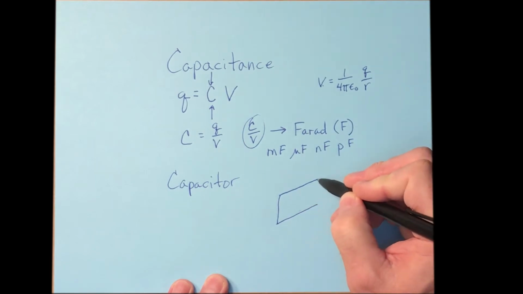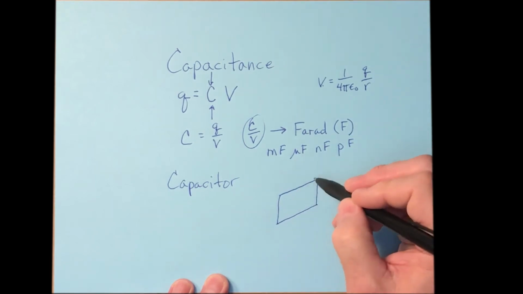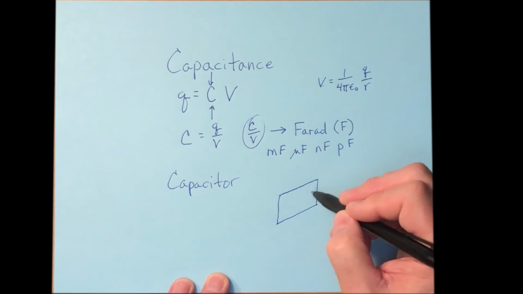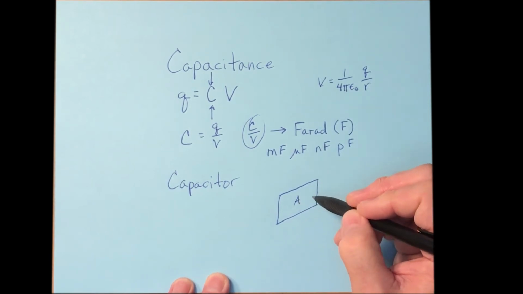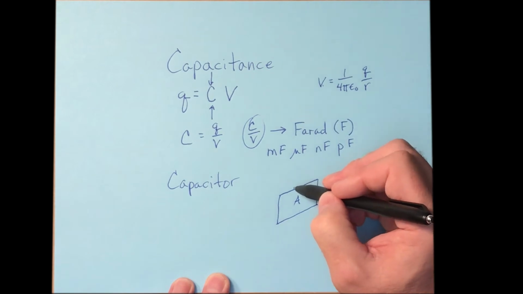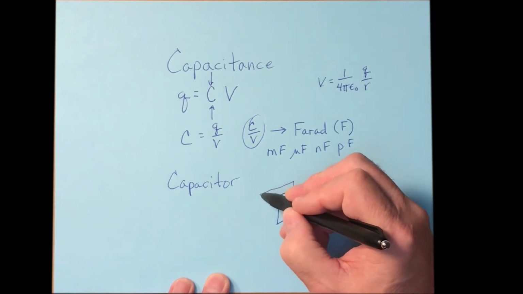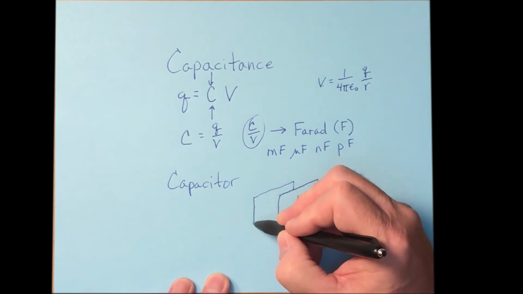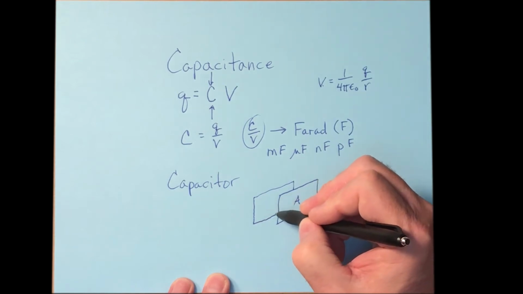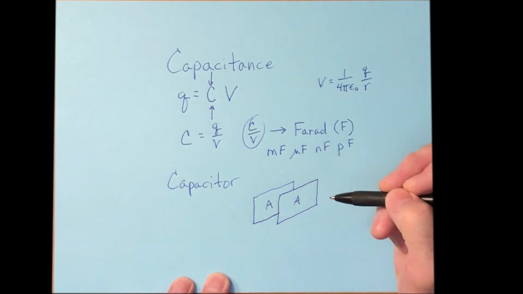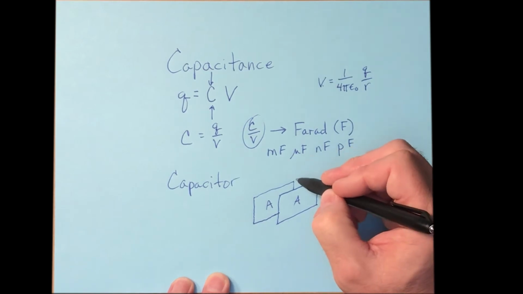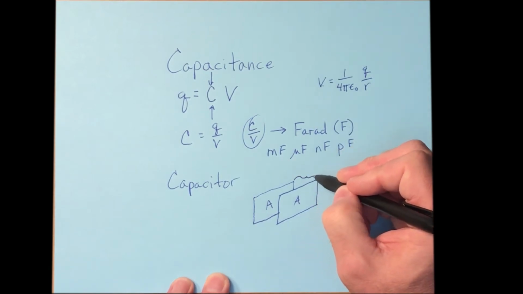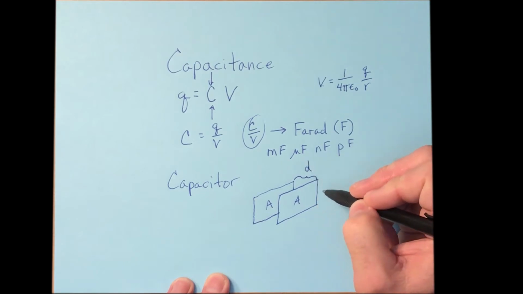We've talked about charged parallel plates. But let's say we have a flat plate here that has some area, and we'll say that area is A. And then nearby we'll take another plate and put it over here, and it also has an area A. So we have these 2 plates. They are parallel to each other, and they are separated by some distance, which we'll just call D.